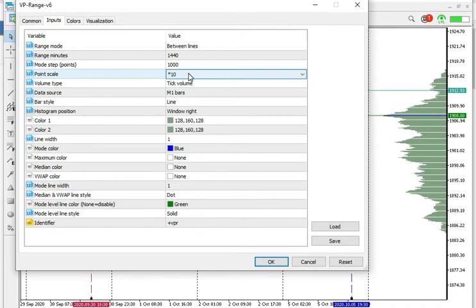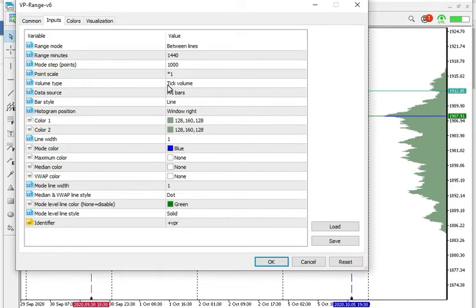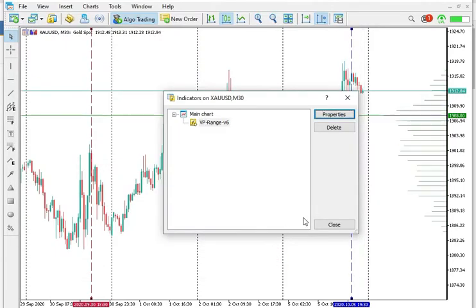You also look at point scale. Point scale is the rounding off to points. If you look at the line right now, it ends with 1907.91. If we change that to another value, say we pick 100, as you can see the whole volume profile just changed.